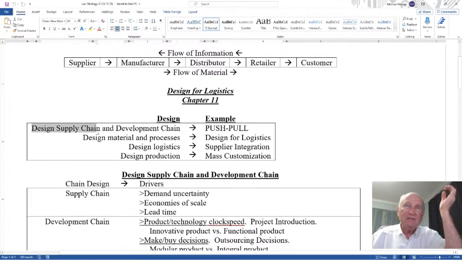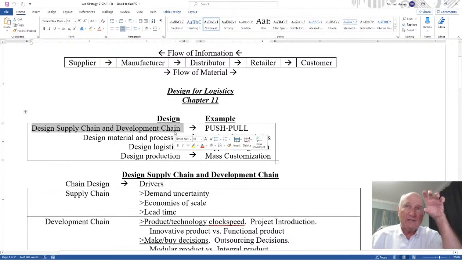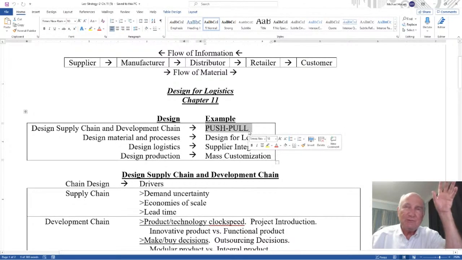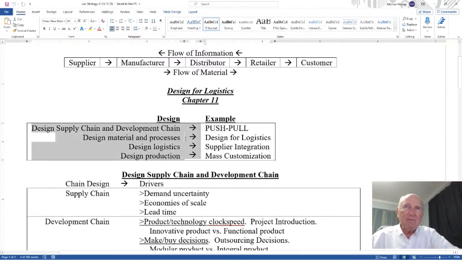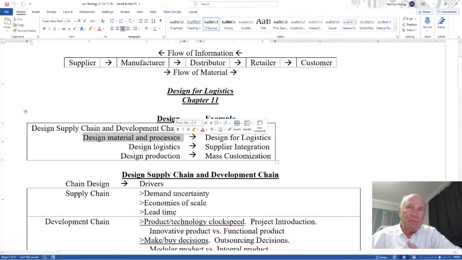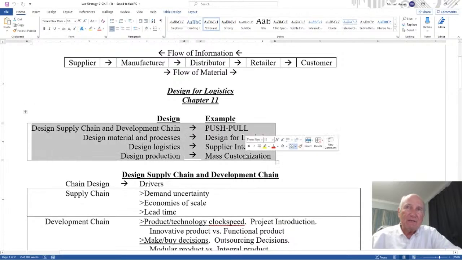The supply chain is logistics, the development chain is the actual product. An example is push-pull, depending on where you're developing the product. Design material and processes is designed for logistics. Design material is like packaging. Design processes are like distribution, like cross-docking. Design your logistics, supply your integration, and design your production, mass customization.